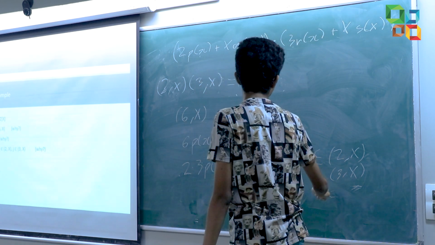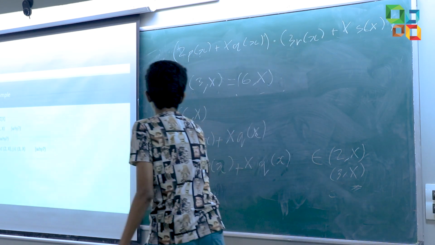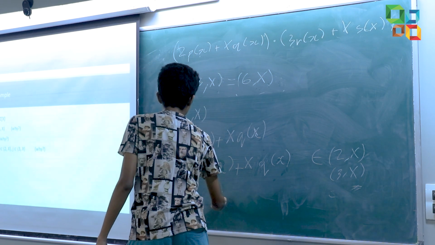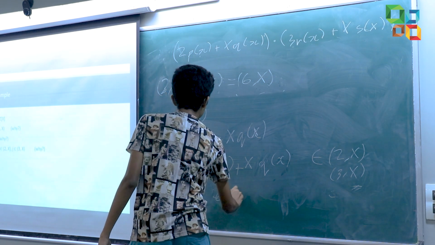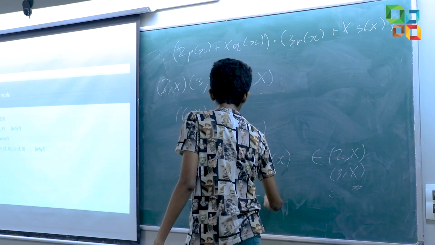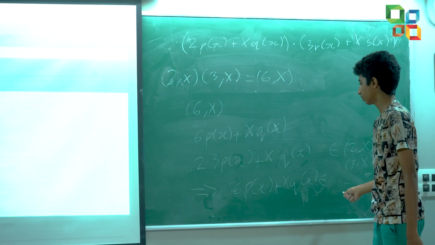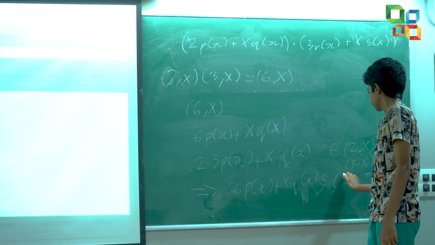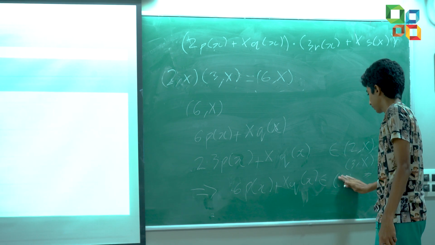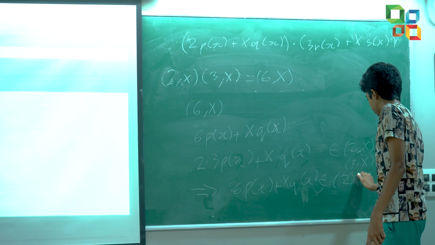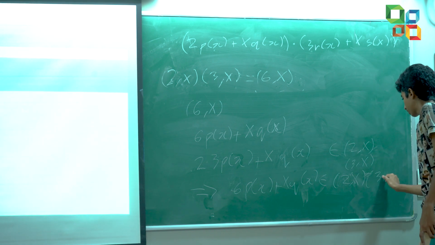Which implies this 6p of x plus x q of x belongs to 2 comma x times 3 comma x.